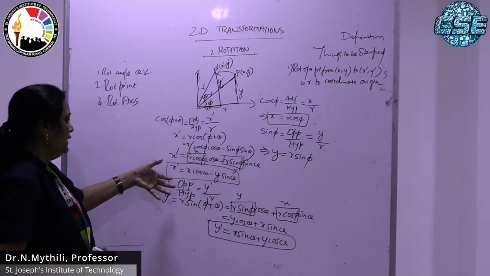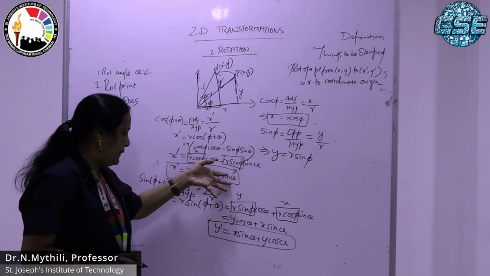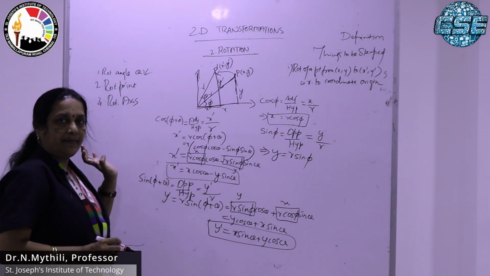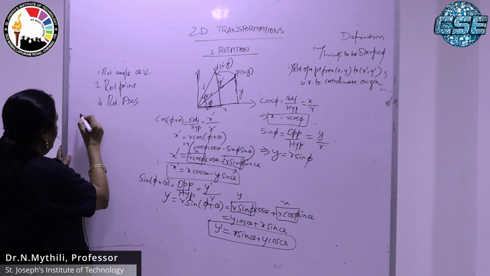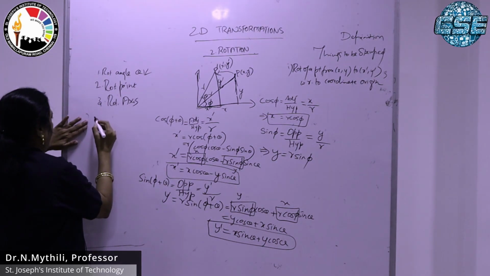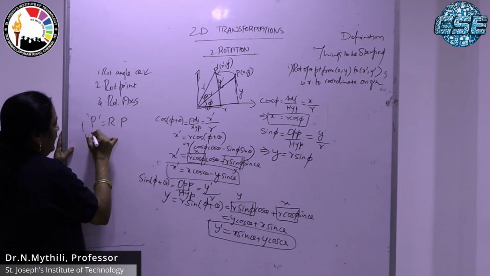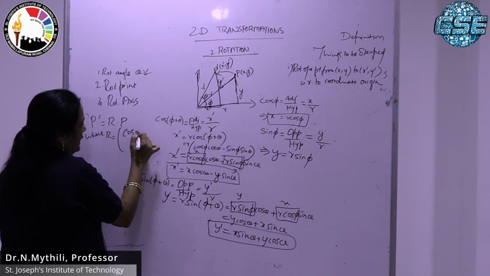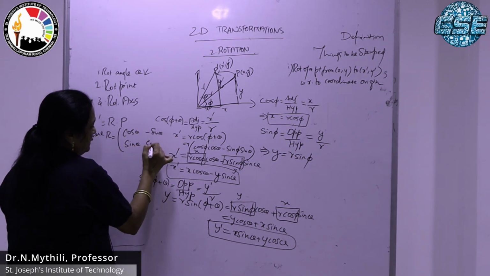So we have derived the two equations: x dash is equal to x cos theta minus y sin theta, y dash is equal to x sin theta plus y cos theta. Okay. So when you write the equation for this, P dash is equal to R into P, where R is the matrix cos theta, minus sin theta, sin theta, cos theta.